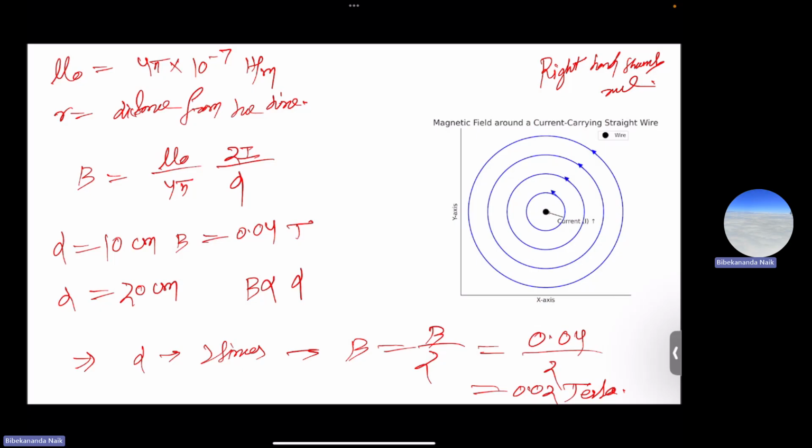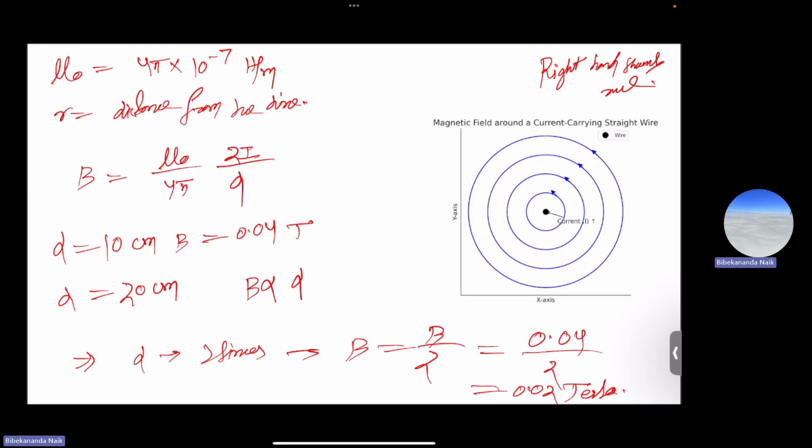The direction of the thumb is the direction of the current flowing through the conductor, and the direction of your fingers gives the direction of the magnetic field or magnetic lines of force.